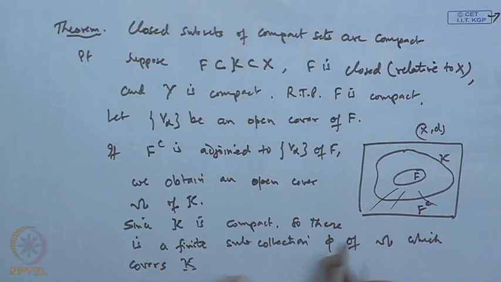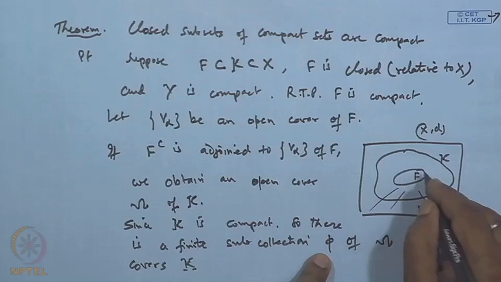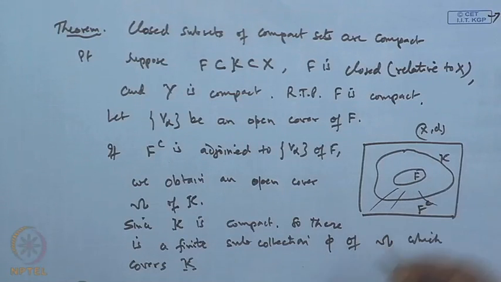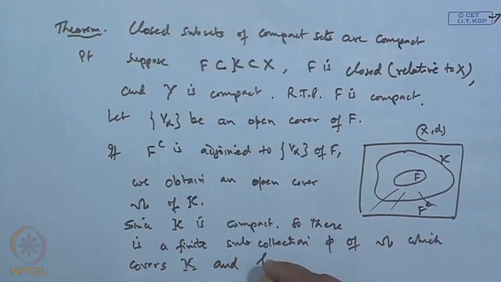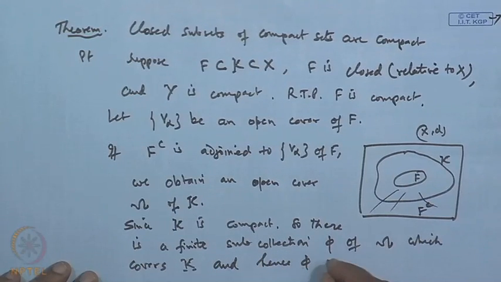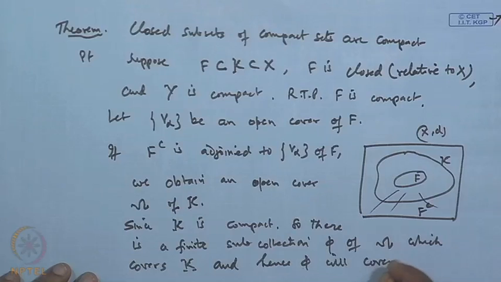So it means that phi will cover F also. Hence this finite sub collection phi will cover F also.